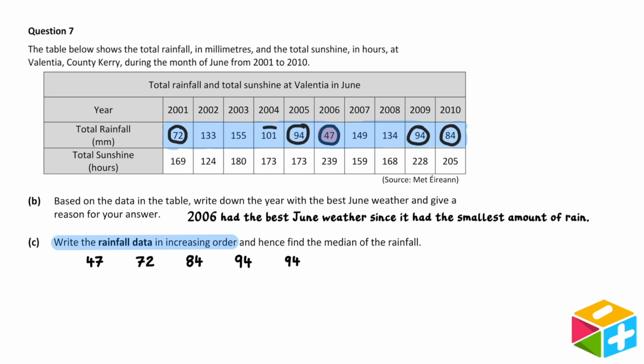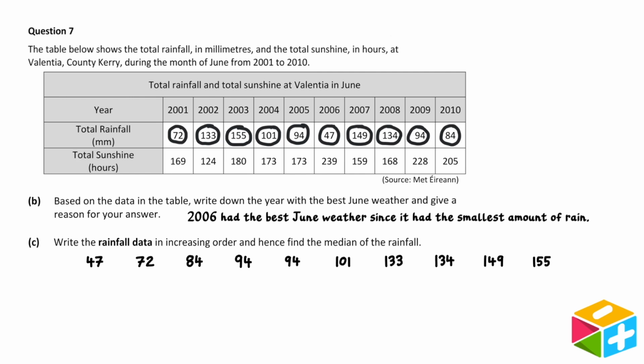Next on the list will be 101, then 133, then 134, 149, and finally 155. So this is our data listed in increasing order.